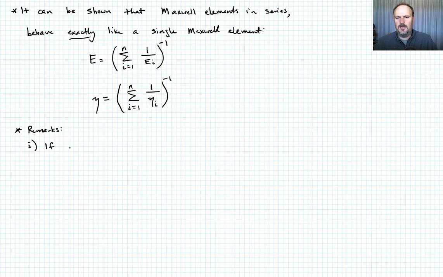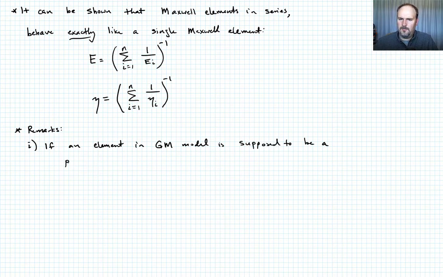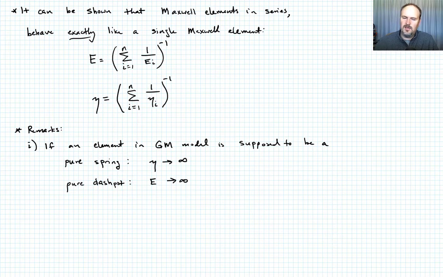So we can accomplish anything that we want in terms of springs and dashpots in that model by just setting those values to infinity if we want to go to a pure spring or a pure dashpot.